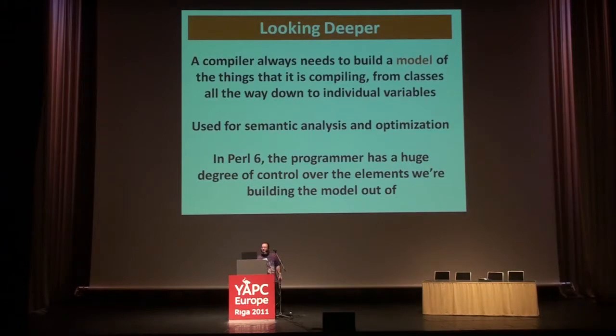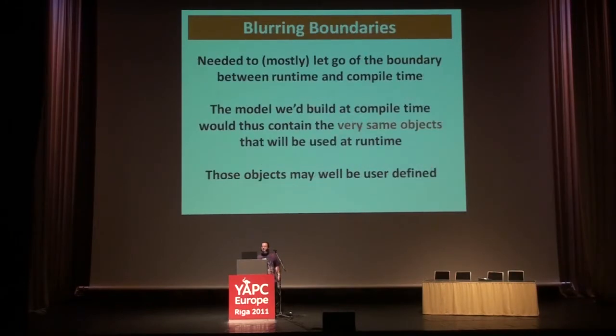So what we really needed to do was take this boundary, which you normally think of as existing between compile time and runtime. You normally look at it and say, we compile, and then we get some code, and then we run it. Essentially, that model brings up some problems. One of them is that if you build this compile time model, and it's not the same as the runtime model, you get a whole load of inconsistency.